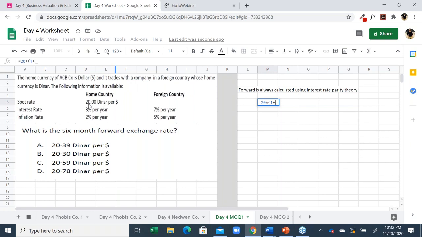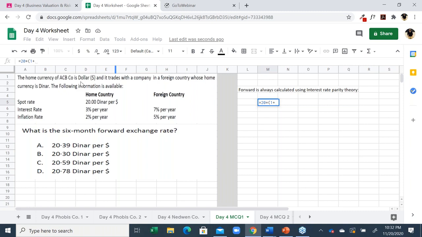The exchange rate is quoted in dinar. So in the numerator, we should have the interest rate of the country whose currency is dinar. Now, the home currency is dollar. We don't need this one.